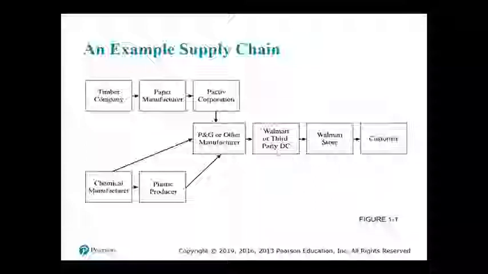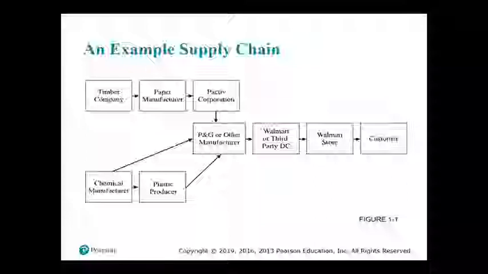And then Walmart could use their own warehouse or use a third-party distribution center to store these detergents, which will then be transported to Walmart stores, in which customers like us will go to buy detergents.